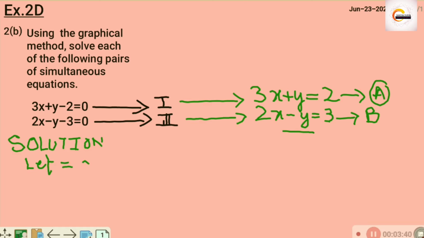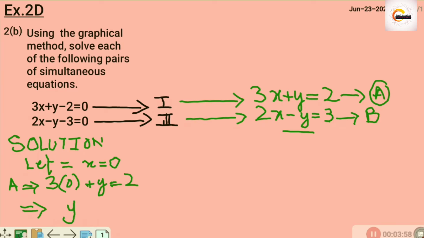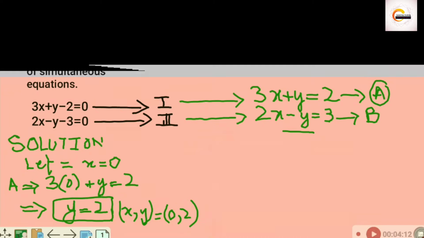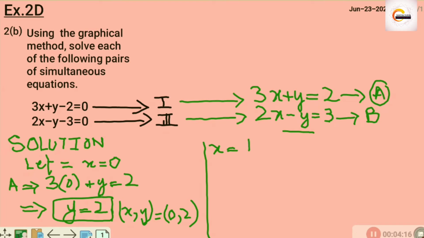Let x equals 0, then equation A will be 3 times 0 plus y equals 2, so y equals 2, hence x comma y equals 0 comma 2. If x equals 1, then equation A will be 3 into 1 plus y equals 2.